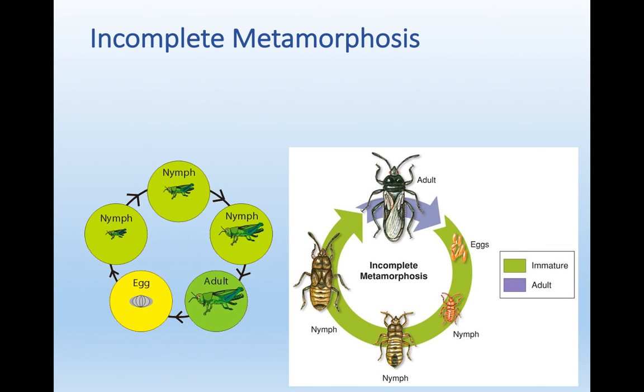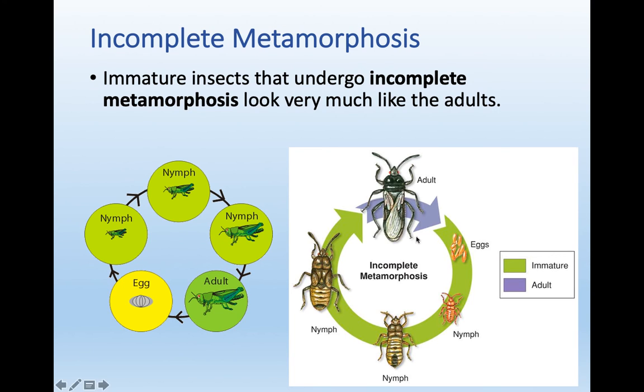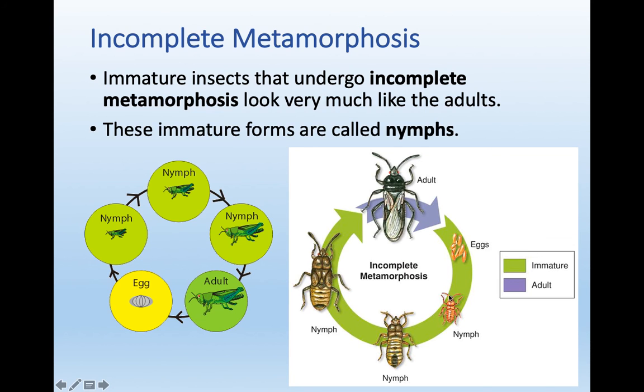All right, let's start with incomplete metamorphosis. Now, incomplete metamorphosis is where the way you can tell is if you look at an insect when it's an adult compared to when it's freshly hatched out of an egg, they look very, very similar. So the young insect, which we call a nymph, these are immature forms.